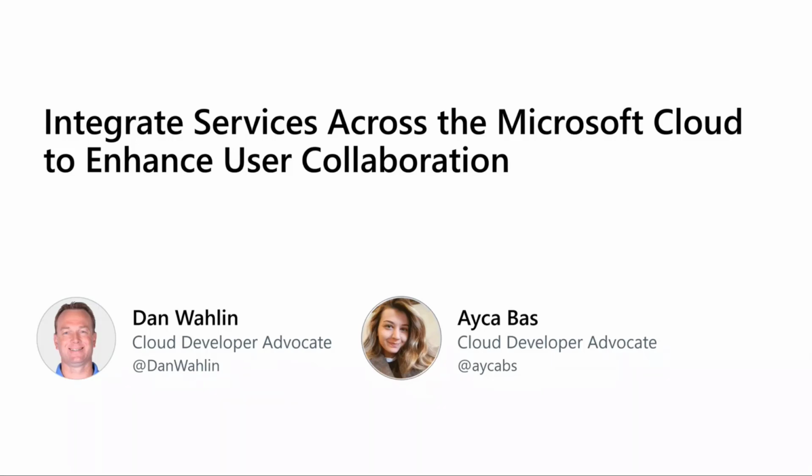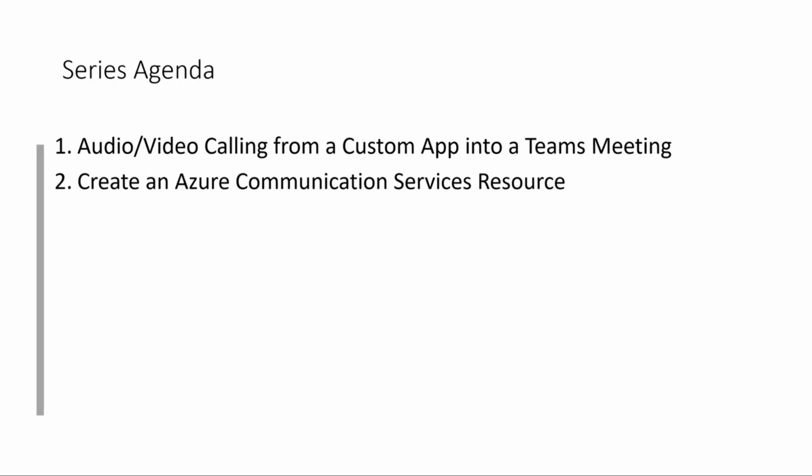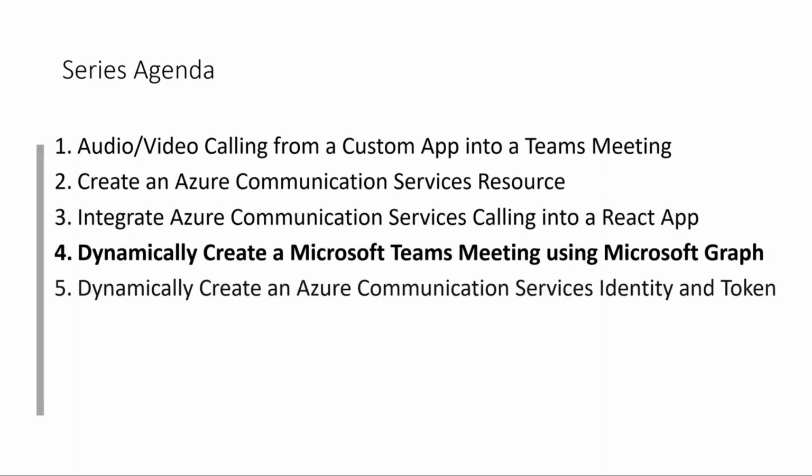Today I will be talking about one part of the series we already started, I think, at the beginning of February or end of January. My colleague Dan Wallin already delivered 3 sessions about this series. In the first one, he talked about how to integrate audio and video calling from a custom app into a Teams meeting.